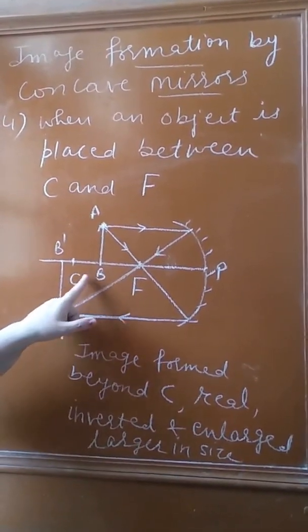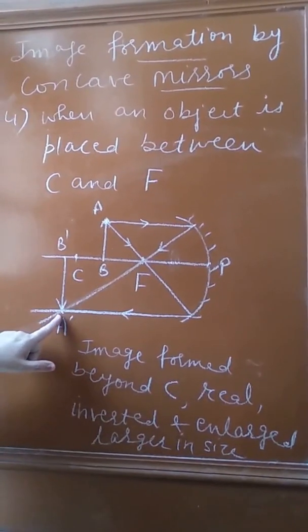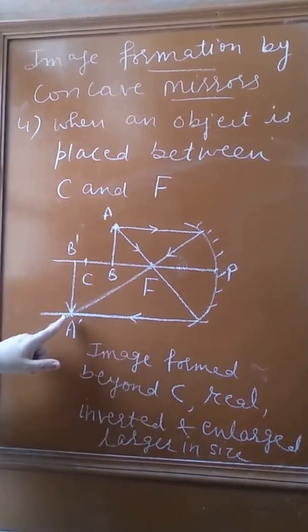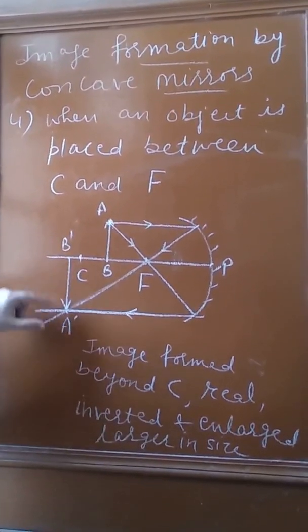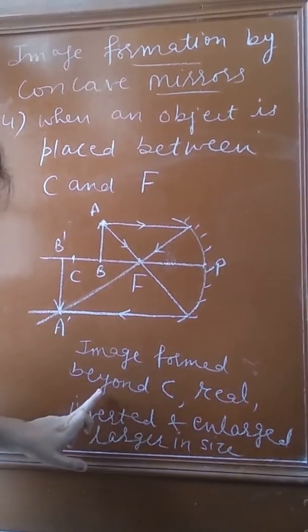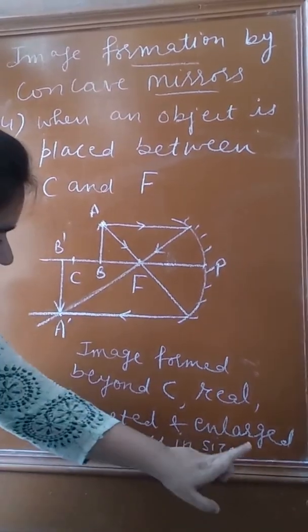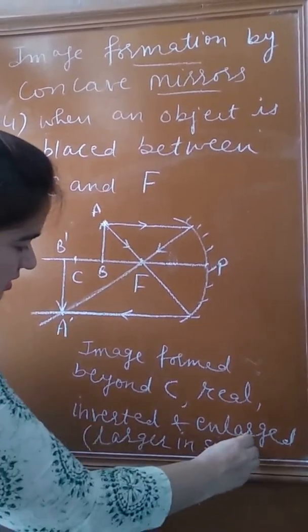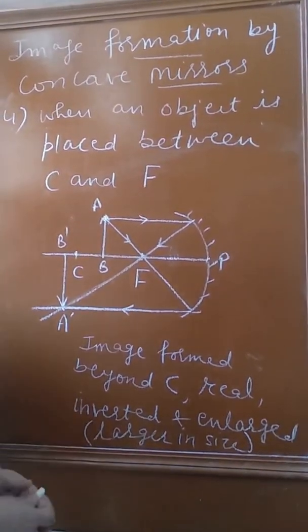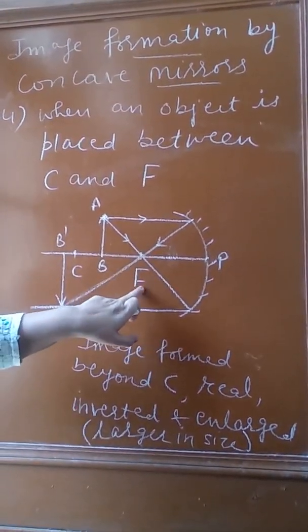When the object is placed between C and F, the rays after reflection meet at a point beyond C. Here A dash B dash, this inverted image is formed. So the image formed beyond C is real, inverted and enlarged, meaning larger in size. Now next is when the object is placed at F.